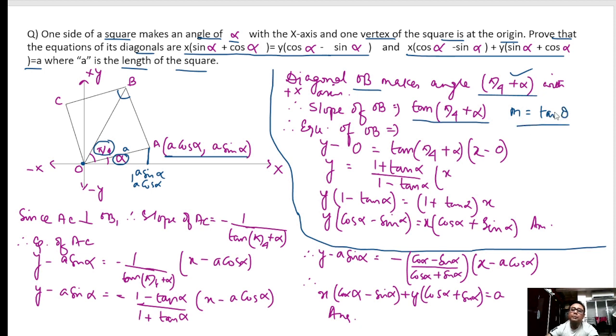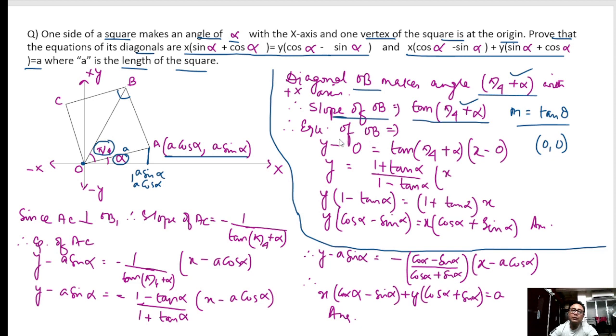So what is the slope of the line OB? It will be tan of pi by 4 plus alpha. So the slope of the line OB is this, tan of pi by 4 plus alpha, and it passes through 0 comma 0.